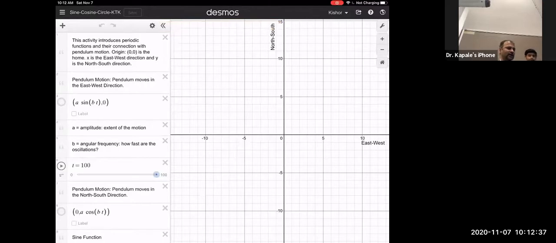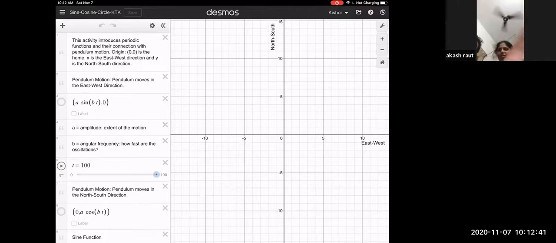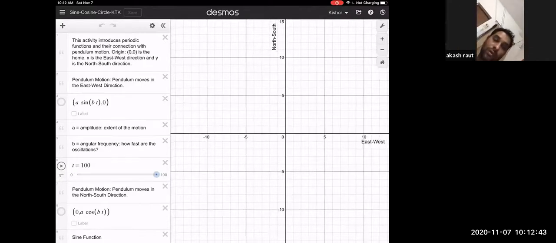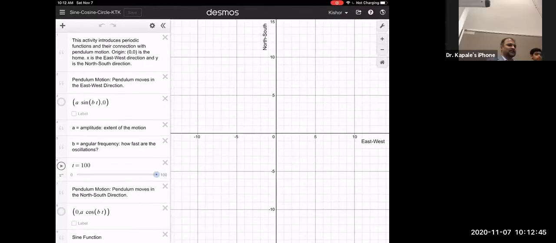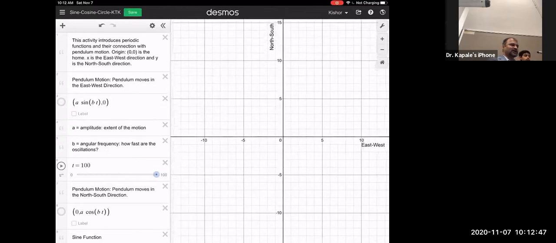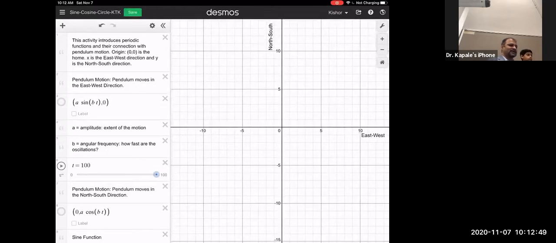Again, what I'm trying to show you here is the east-west direction. You can see I'm moving the graph in the east-west direction and the north-south direction. The 0 point in the center, think of that as your home, and you're basically going back and forth in the east-west direction or north and south in the vertical direction. So let's read this stuff here. We are going to study this pendulum motion.